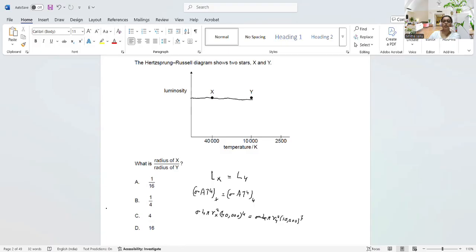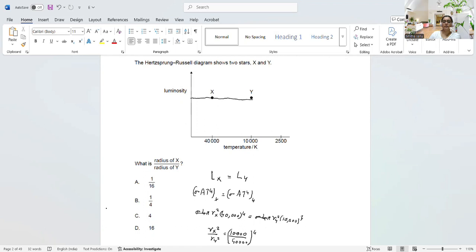Let's cancel out the common term sigma 4 pi. So what you're left with is Rx square upon Ry square is equal to 10,000 over 40,000, the whole raised to 4.